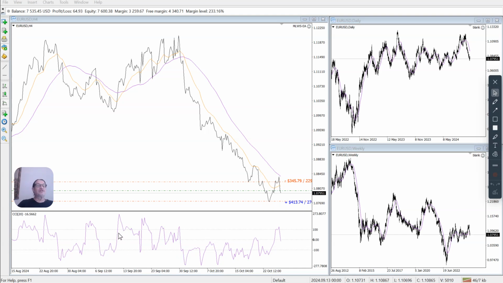Using right here as an example, the CCI moved above the 100 level, and now you're supposed to wait until it retraces below the 100 level, and then you enter a sell position. Equally true, the CCI moves below the minus 100 level, retraces back above the minus 100 level, and now you would enter a buy opportunity.